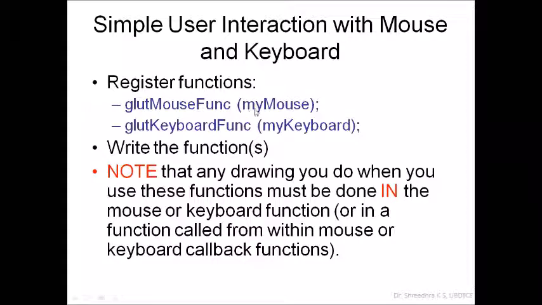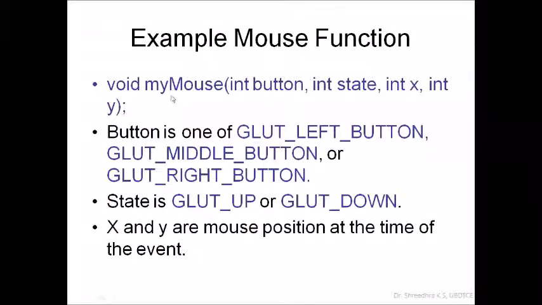So you write myMouse function, along with calling the callback function glutMouseFunc in your main program. While using this, you should know some things about the myMouse function. myMouse needs a button, the state of the button, and the position on the screen where the button is pressed, that is X and Y.